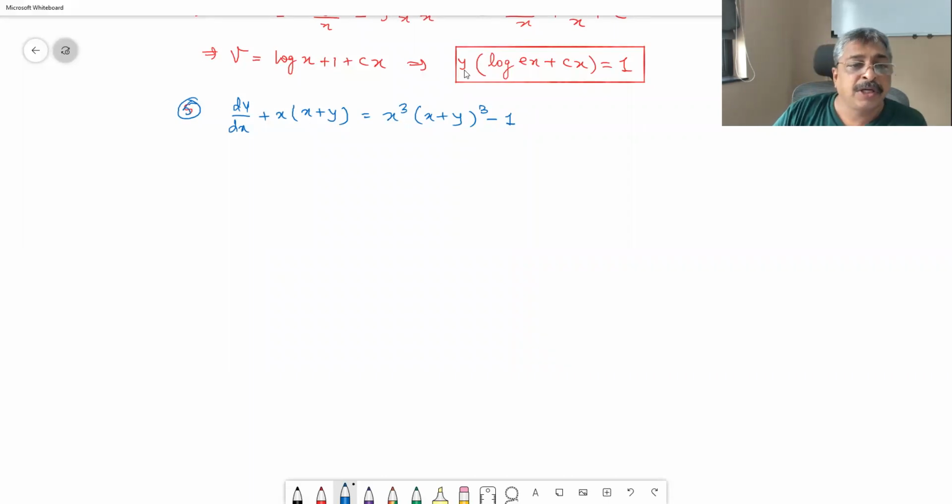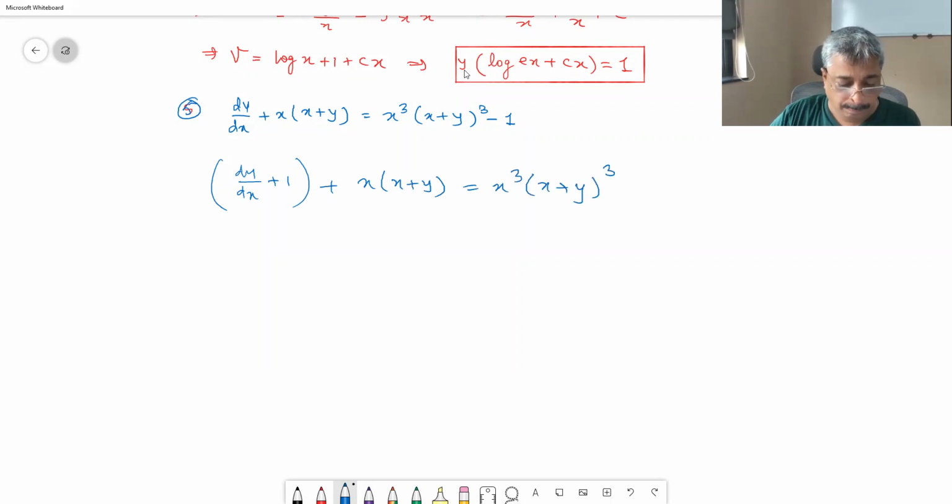Okay, if we rearrange this a little bit, dy by dx plus 1, this minus 1 comes to the other side. This first term plus x into (x plus y) is equal to x cube into (x plus y) cube. If you look at this, this is d of (x plus y) upon dx.